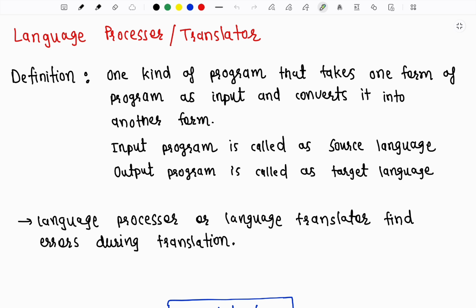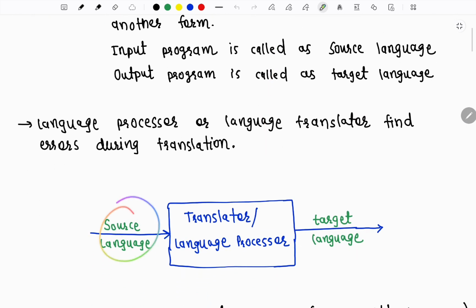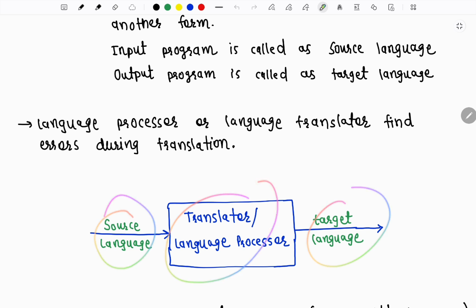Here, the input program is called the source language, and the output program that is converted is called the target language. Which machine converts source language into target language? That is the translator, also called a language processor.